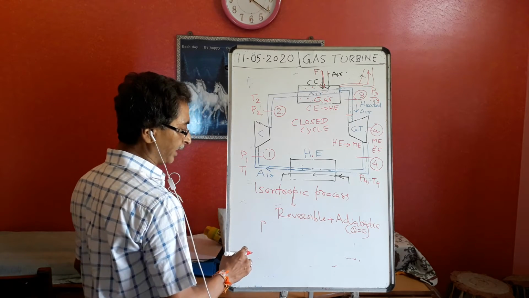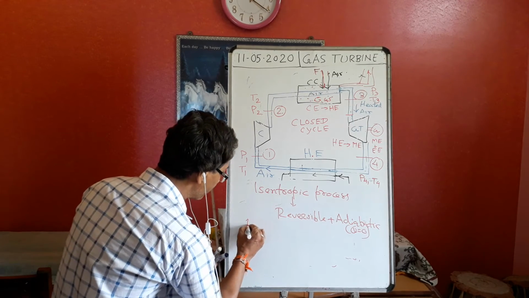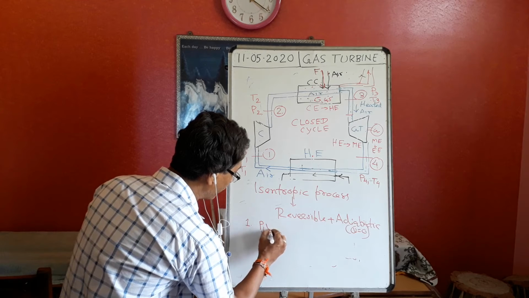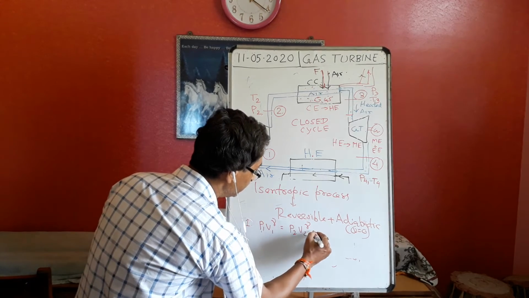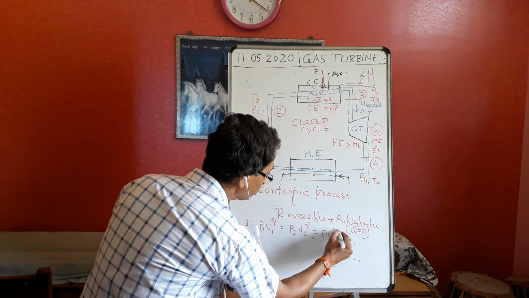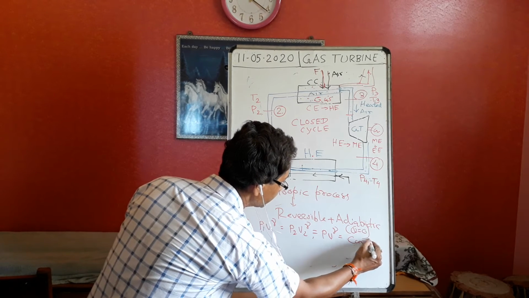There are three formulas. First formula: P1 V1^gamma is equal to P2 V2^gamma is equal to PV to the power gamma is equal to constant. This is the first formula.